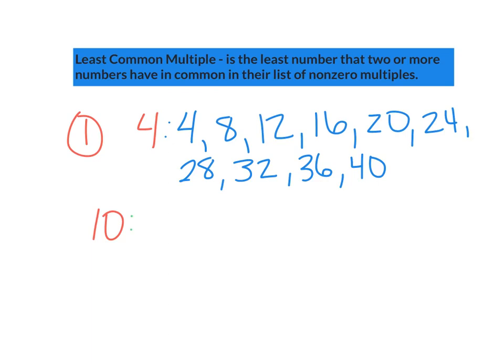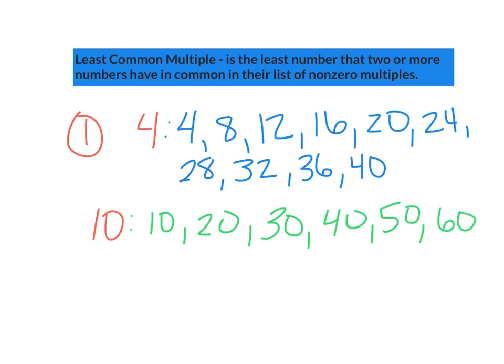So that's the first 10. So now with the 10s, let's also do the first 10. So we have 10, 20. Hopefully you guys know this one really quick. 30, 40, 50, 60, 70, 80, 90, and 100. So those are your 10 multiples of each of those.